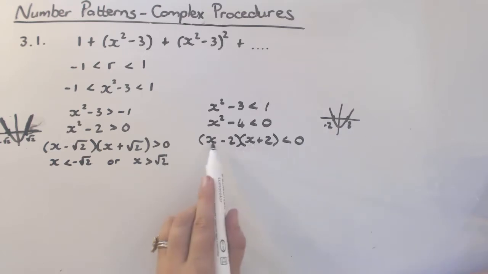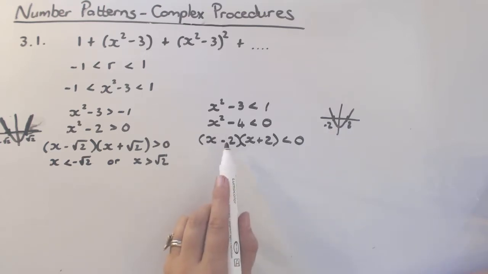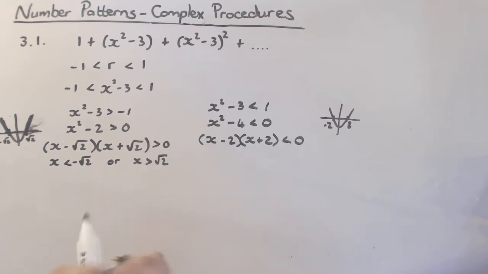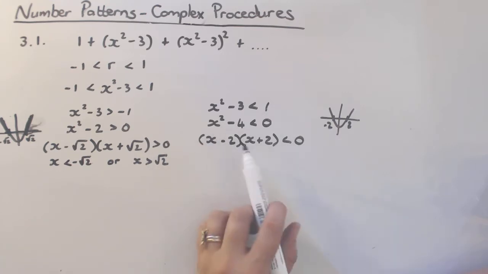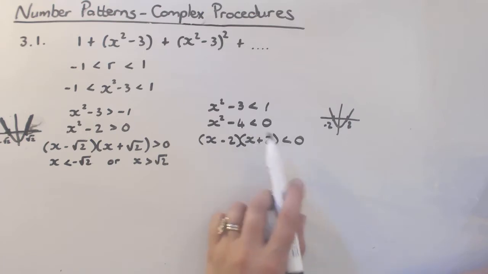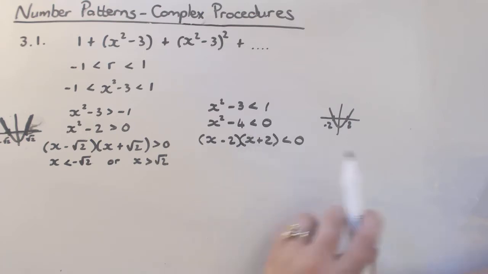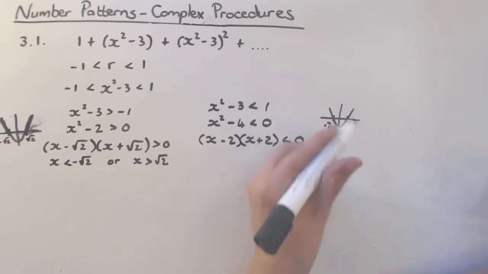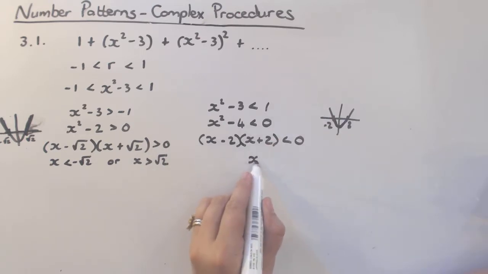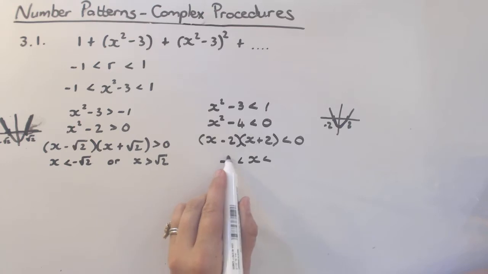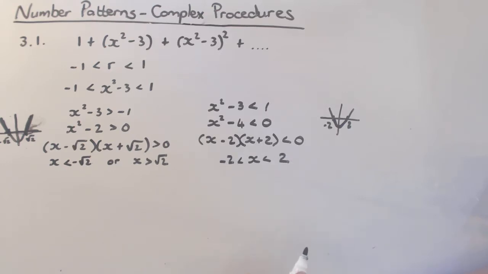Can you see? There is one x value where y is 0. One x value lies at 2 minus 2, and minus 2 plus 2. So then the other x value lies at 2. So this is smaller than 0 between minus 2 and 2. Can you see? So x lies between minus 2 and 2.